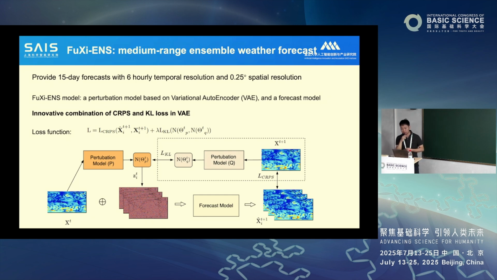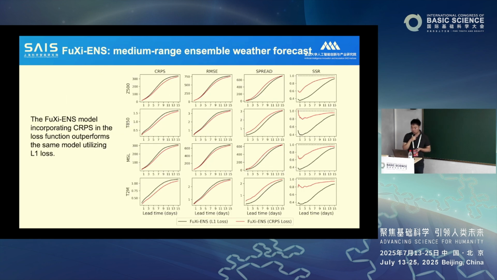Traditionally in the VAE model, the reconstruction loss is an L1 loss, and here we replace the L1 loss with a CRPS loss. It not only measures the forecast directly against the target, point by point, it also measures the distribution of the forecast against the target. And if it is a deterministic forecast, then the CRPS turns into the MAE, mean absolute error. This gives us an improvement.